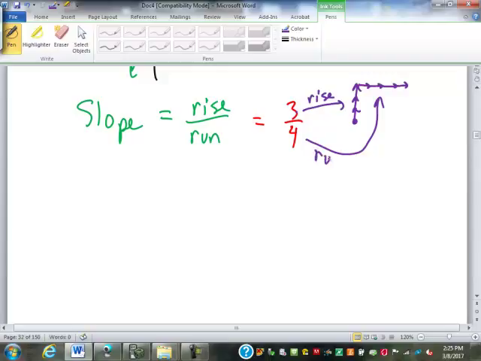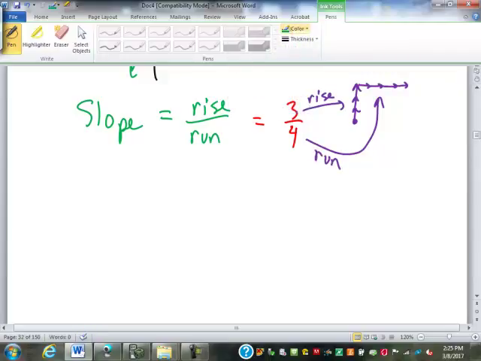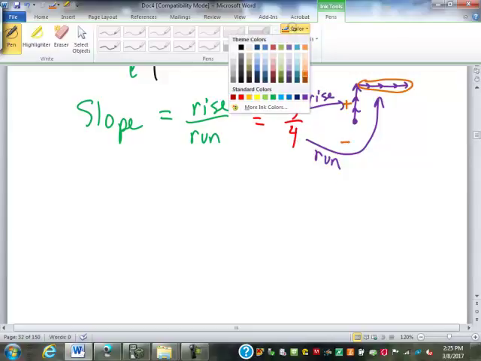That's our run. Now the run is always positive. The run always goes in the positive direction. The rise could be positive going up or negative going down. Since this was a positive 3/4, it went up.